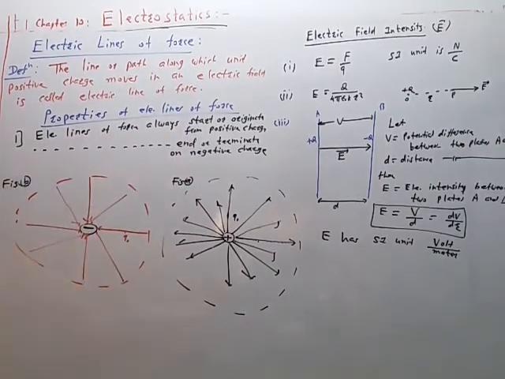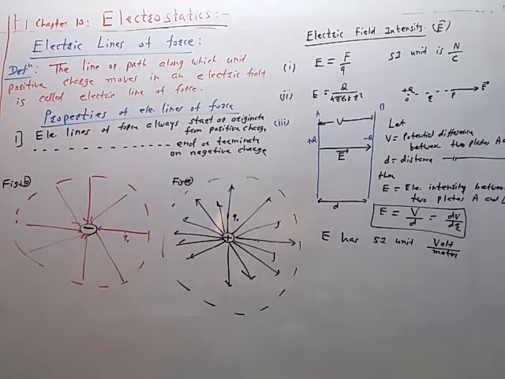So lines of forces start from positive and end on negative. In short, you can remember the property like this. The electric lines of forces always start from positive charge and end on negative charge. Figure A shows the first part, figure B shows the second part.